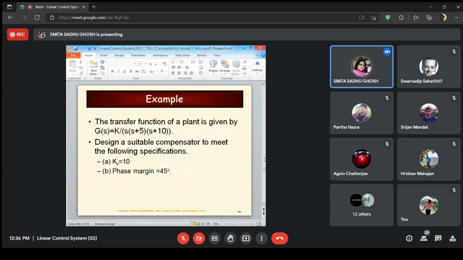So we've now directly come to a numerical where we will assume that we want a lead compensator. Look at the problem. The transfer function of a plant is given as G(s) equal to K by s into (s plus 5) into (s plus 10).